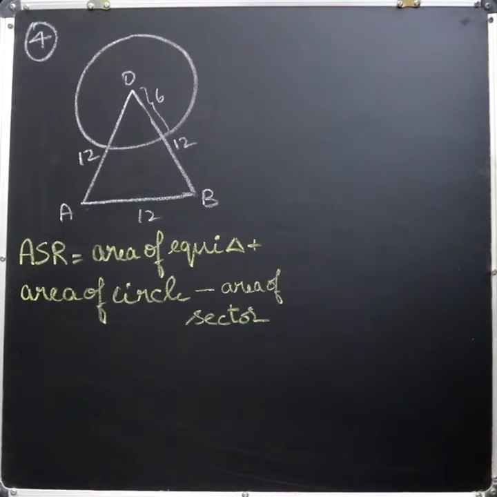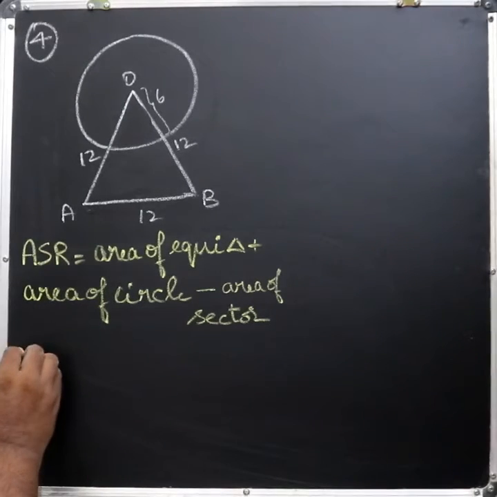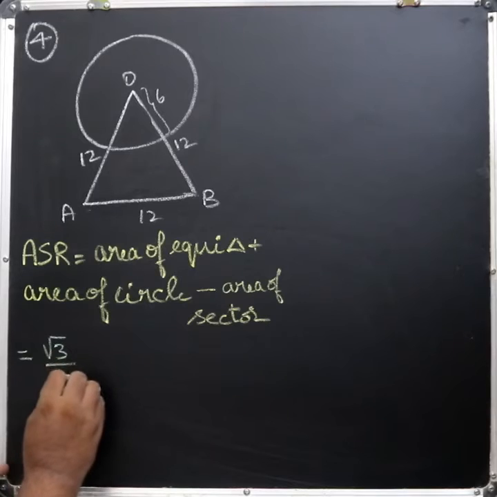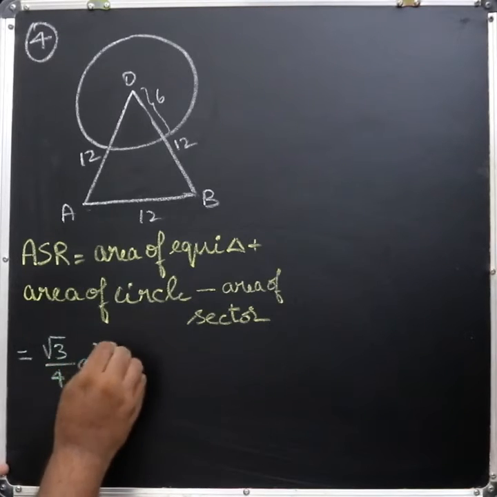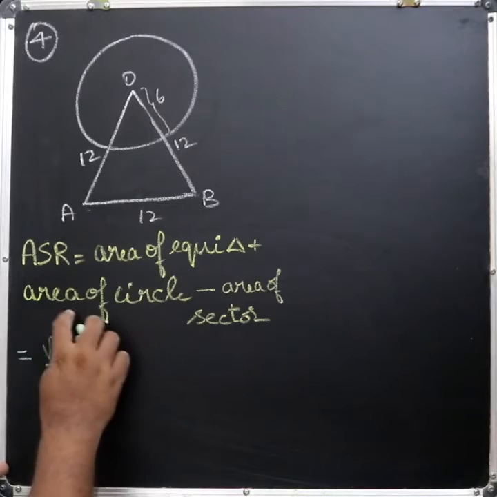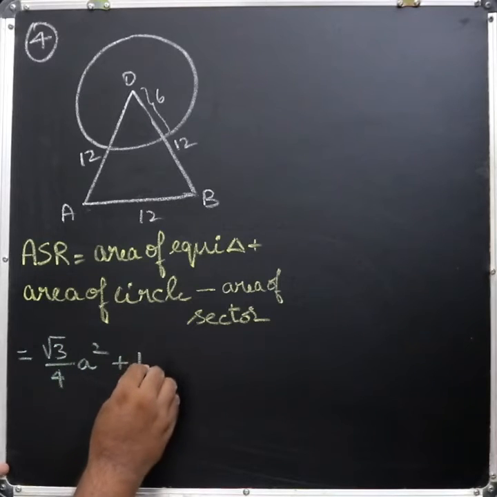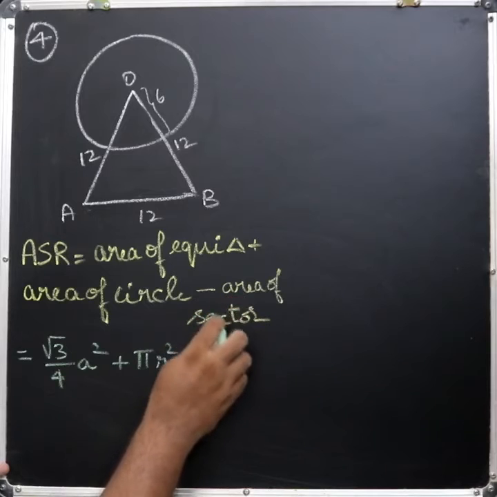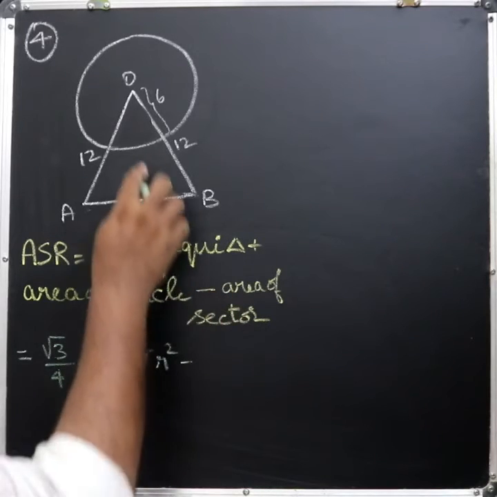Now when you write the formulas, you know that the area of an equilateral triangle is root 3 by 4 a squared. This is the formula to find the area of an equilateral triangle, plus the area of the circle. The formula is pi r squared. The area of a sector formula is theta by 360.